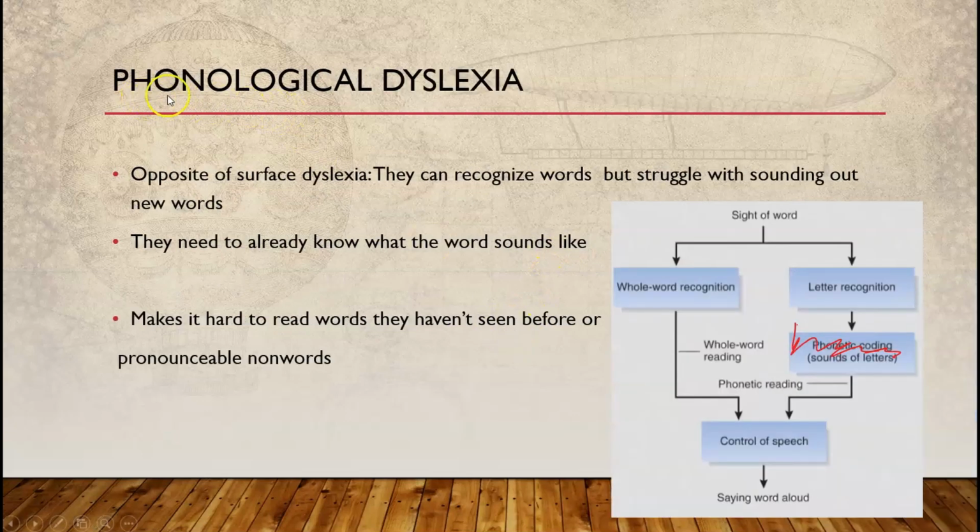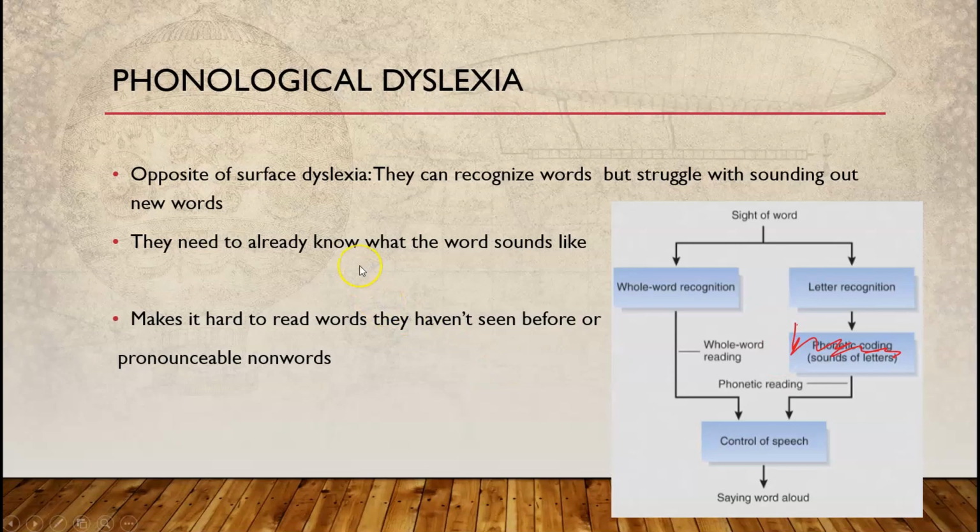Let's move on to phonological dyslexia. It's the opposite of surface dyslexia. They can recognize words, but they struggle with sounding out new words. So if they recognize a word, they can say it, but if they don't recognize it, they really struggle with trying to sound out the words.